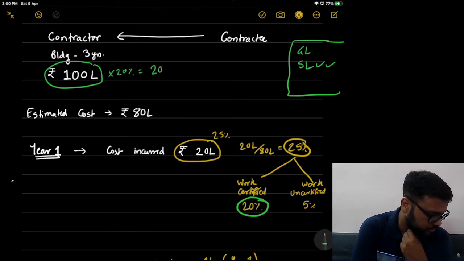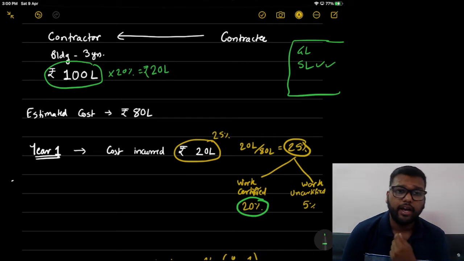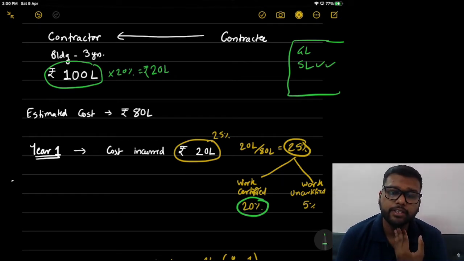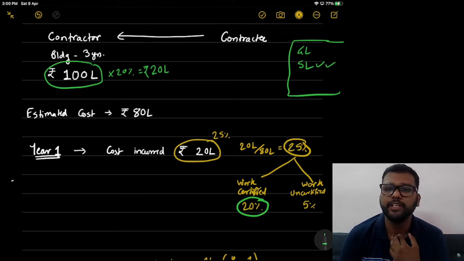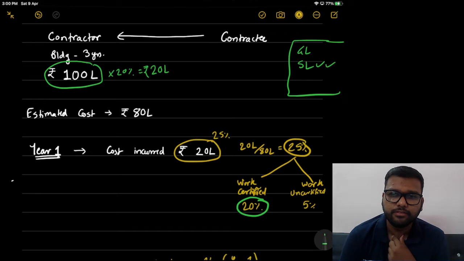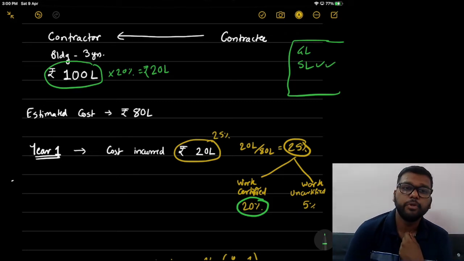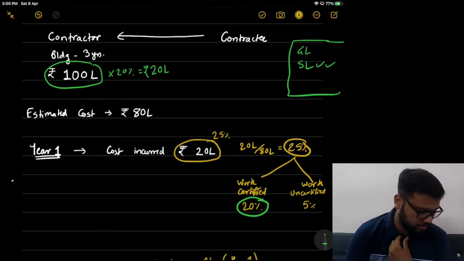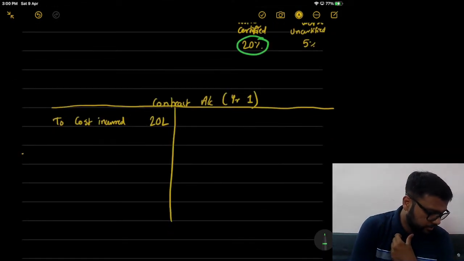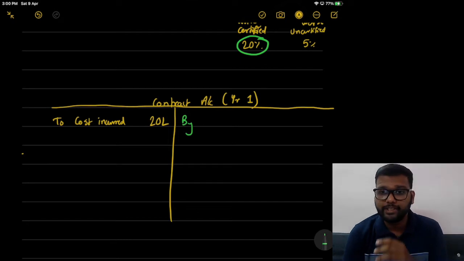Yes. But our cost is also 20 lakhs. That means should profit be zero? Okay. No, sir. Because see, 20 lakhs is the receivable amount, right? So what we'll do is we'll write, we don't write sales generally.